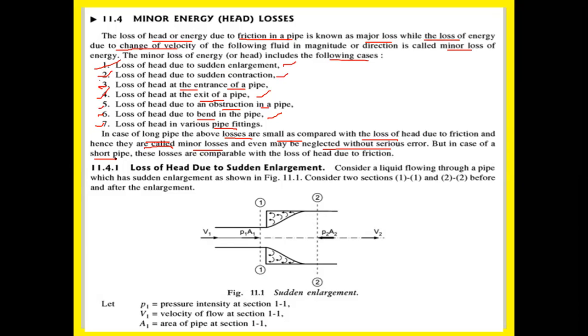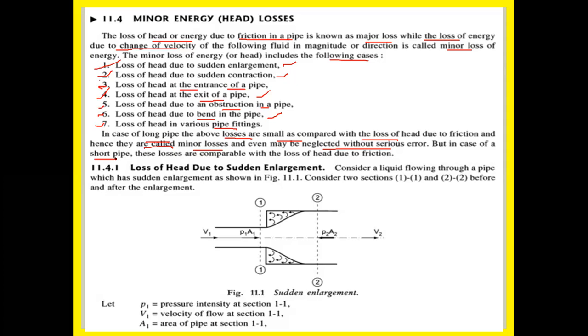It should be comparable and we have to check for the minor energy losses. Understood? So the minor energy losses are generally serious if we go with short pipes. But in the case of long pipes, there is no major problem, so we can ignore some of the cases we have discussed in the minor energy losses.